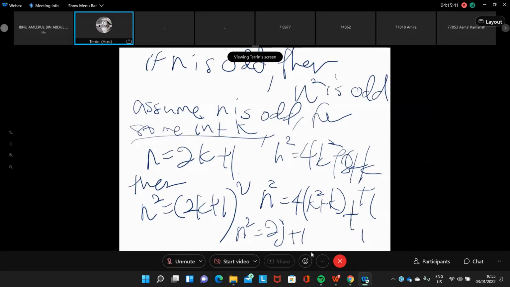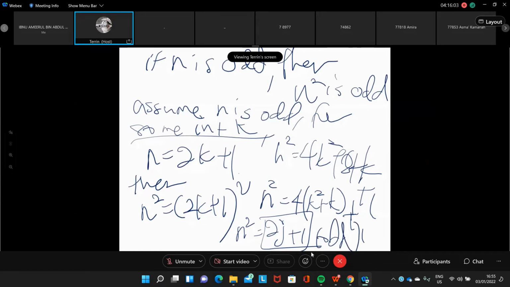There's no more space, but normally I'd put j equals 2k squared plus 2k, to show it in this form of an odd number. So when n squared equals 2j plus 1, we say that this is an odd outcome. Hence, our proof is complete.